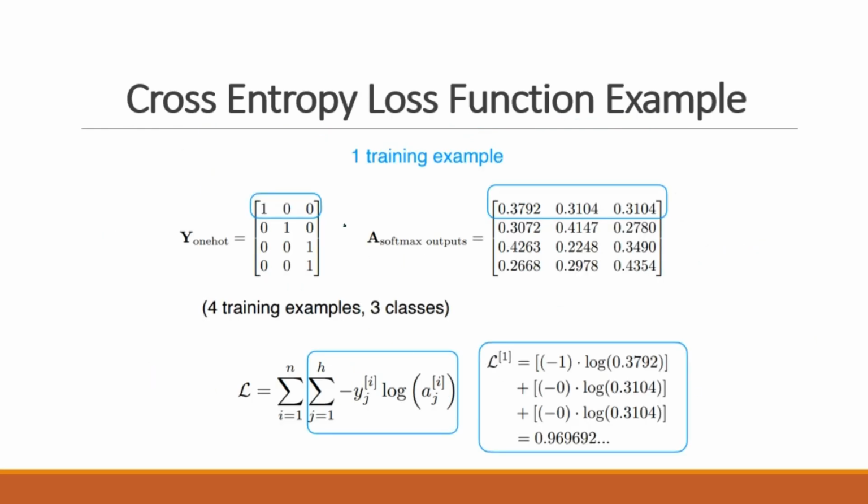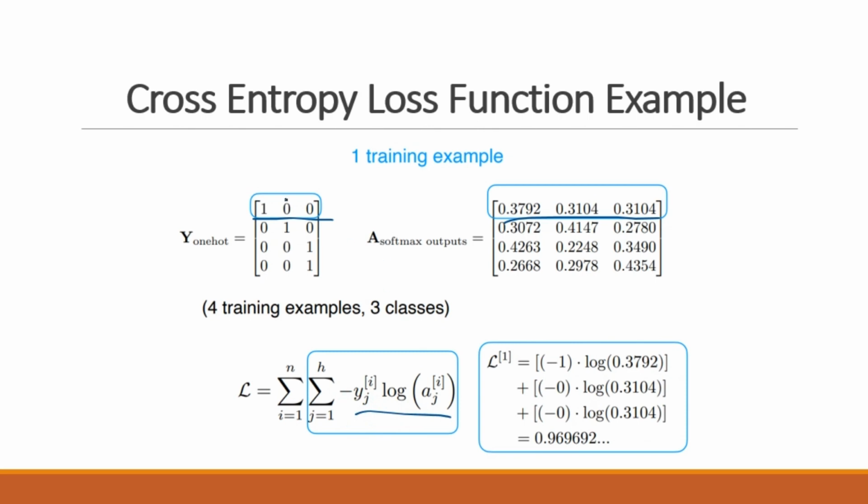So now let's compute the loss. Here at the bottom, we are focusing on the first training example, number 1. So this corresponds to this first row in the activation matrix. And now what we are computing is the negative log of the activations.